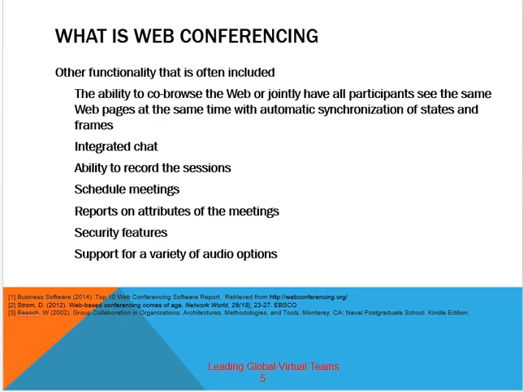You have security features in web conferencing, and you have support for a variety of audio options, most of the time voice over IP, and then different types of teleconferencing options.